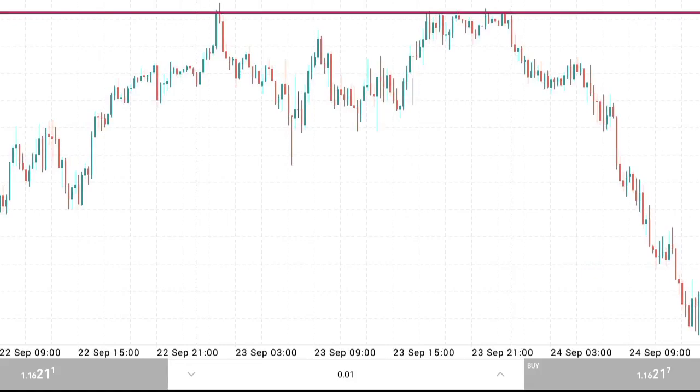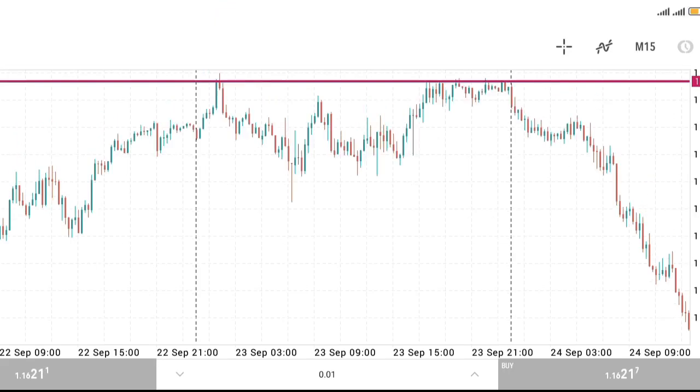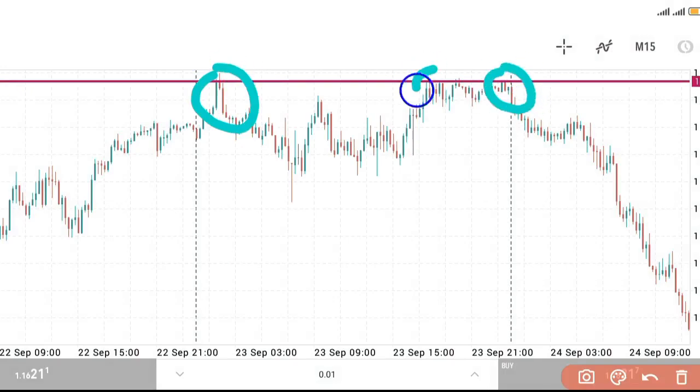One of the things that we need to understand as regards support and resistance is that it needs to touch at least two or three levels. Now you discover that this has touched two levels. So this has touched this level, this level, this level. And this is a verified resistance.